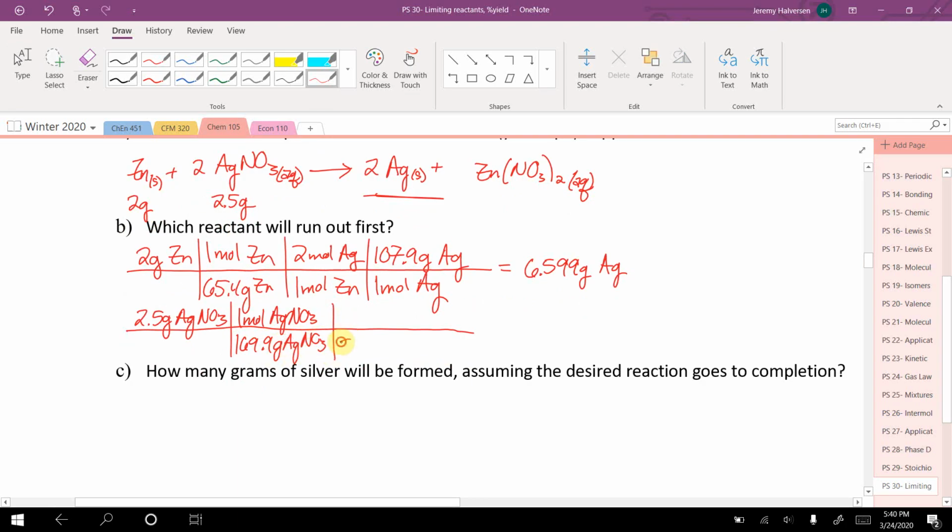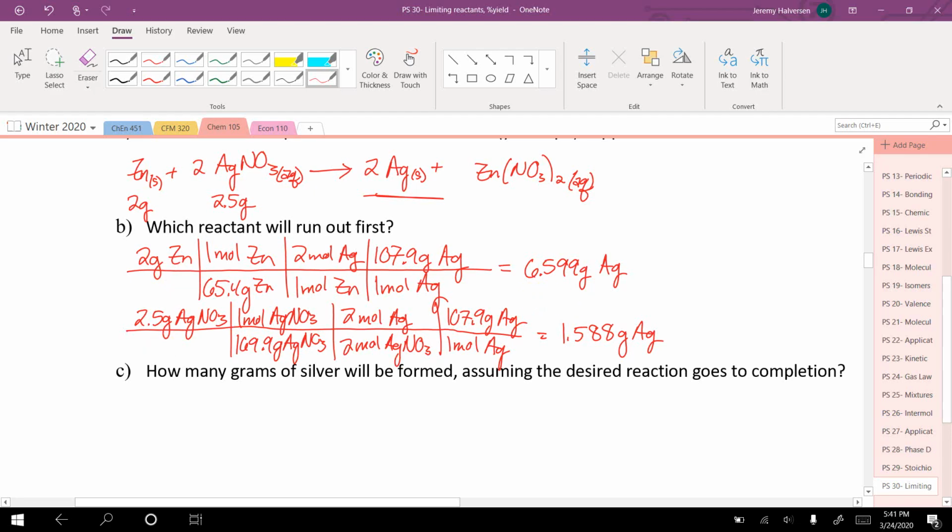My reaction tells me that 2 moles of silver nitrate make 2 moles of silver, and 1 mole of silver is 107.9 grams. So that tells me I got 1.588 grams of silver. Okay, so my zinc, if I used all my zinc, I'd get 6.599 grams of silver.